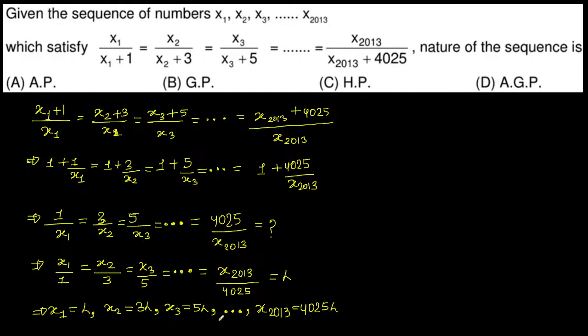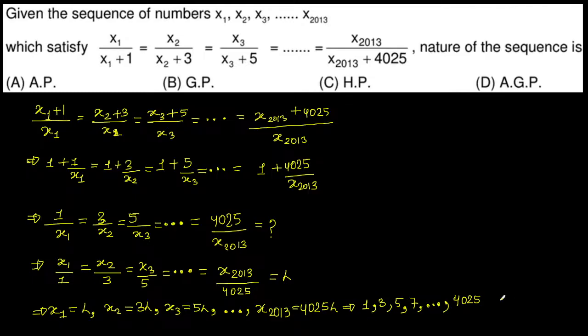So overall we can say that it is nothing but 1, 3, 5, 7, dot dot dot 4025.